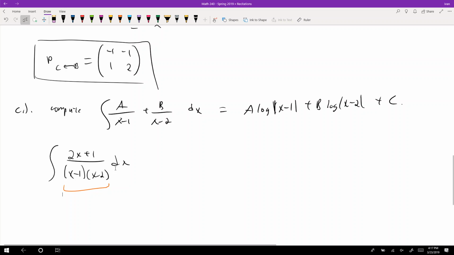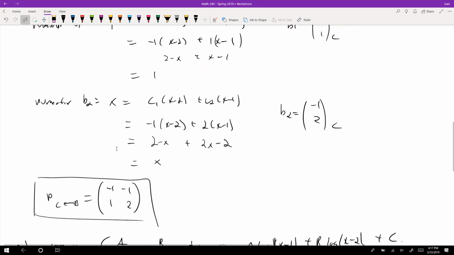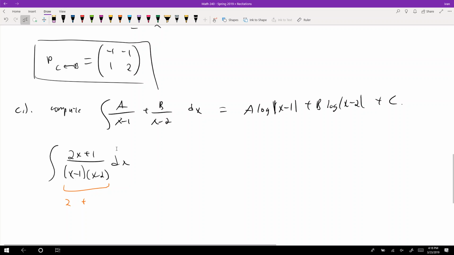So here it's just a linear combination of 1 b1 plus 2 b2.